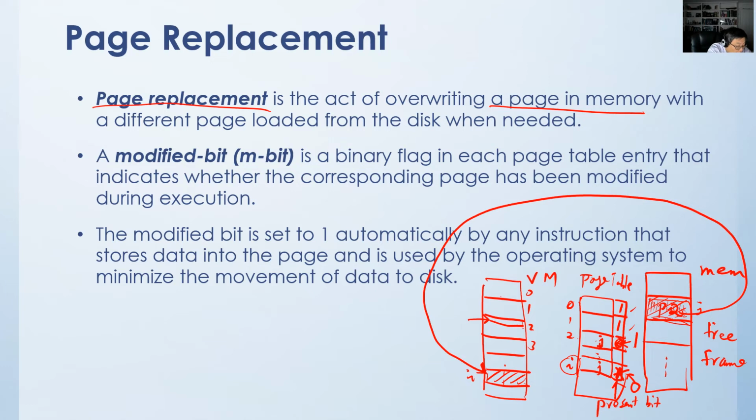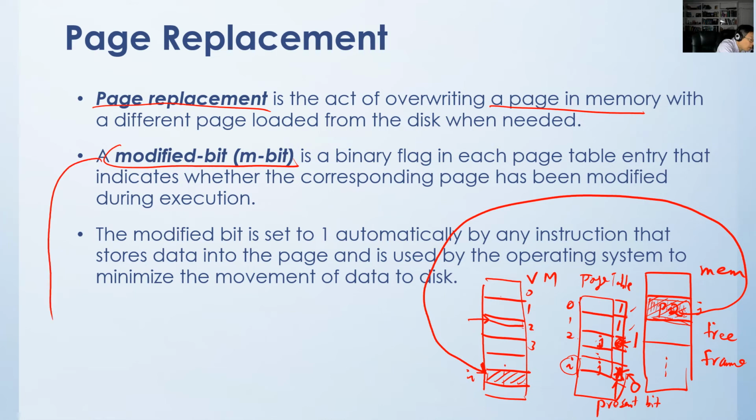Okay? So how can we record this? How can the operating system know whether this page has been modified after it's loaded into the physical memory or not? Then we use another bit in the page table called the modified bit, or M bit.